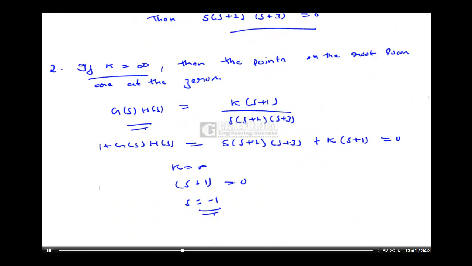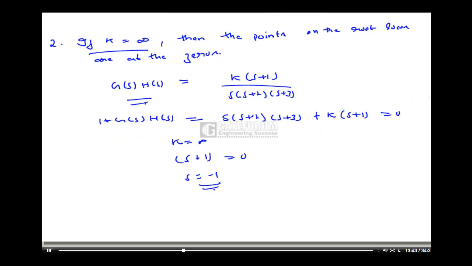Sorry, you have missed the video when I was writing. If k equal to infinity, then the points on the root locus are at the zeros. That means the root locus will reach the points which, when k equal to infinity, are the zeros. To prove that, I'll again take G(s)H(s) equal to k times (s plus 1) upon (s plus 2) into (s plus 3).